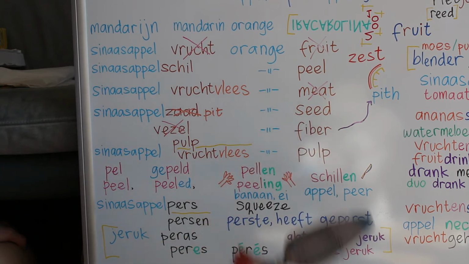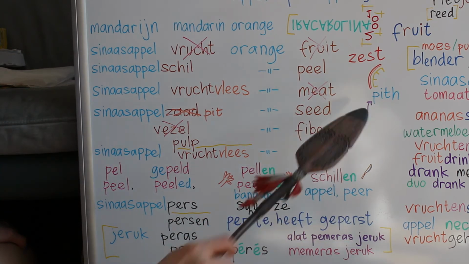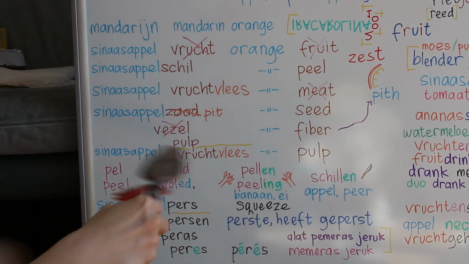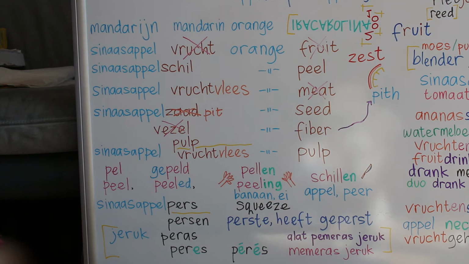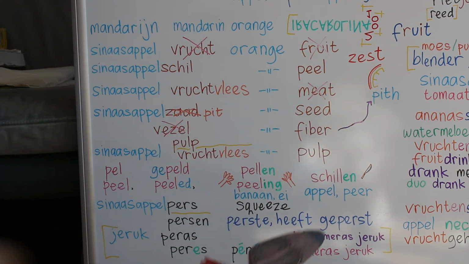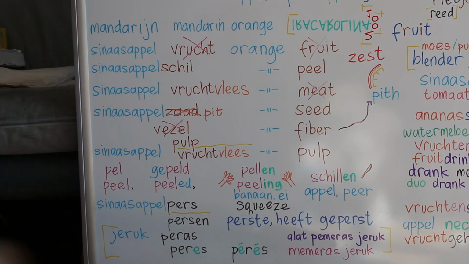And the fiber itself, orange fiber or pith, I thought we could translate the fiber into vezel, but it seems like we cannot. So whenever you want to talk about orange fiber, instead of the word vezel, you have to explain it, like the white part that's a bit stringy, that you sometimes eat or sometimes have to remove before you eat.